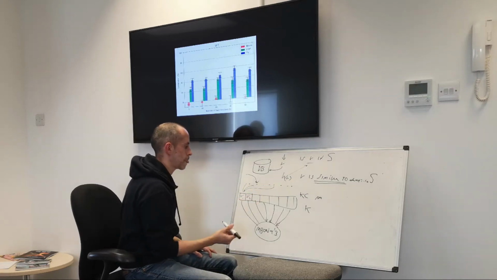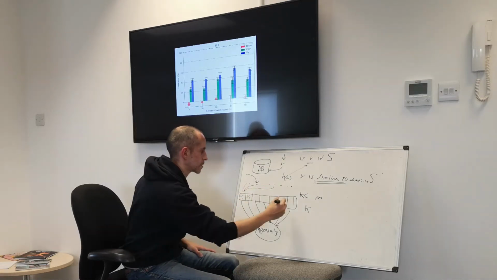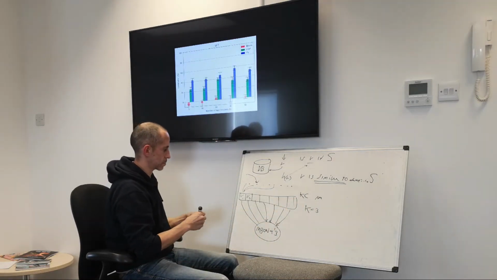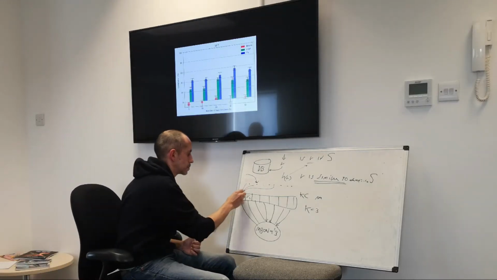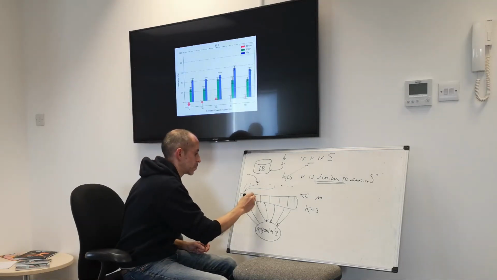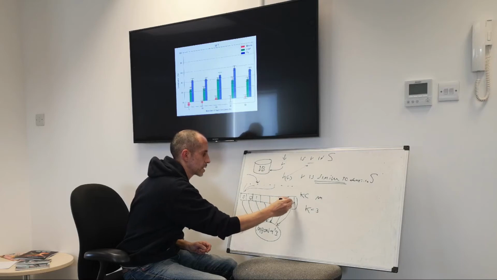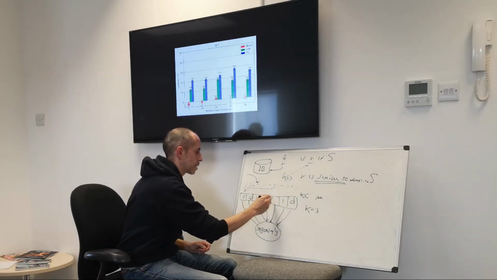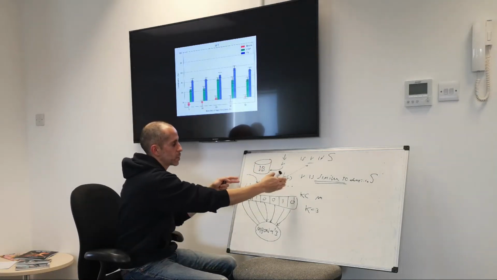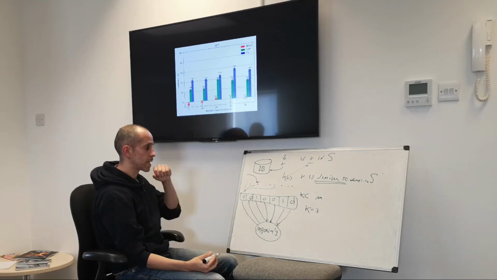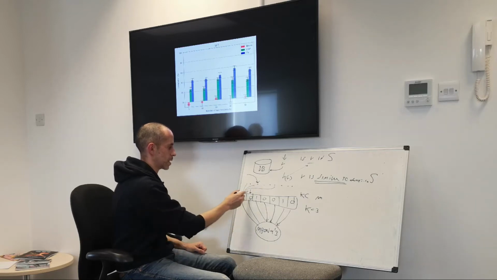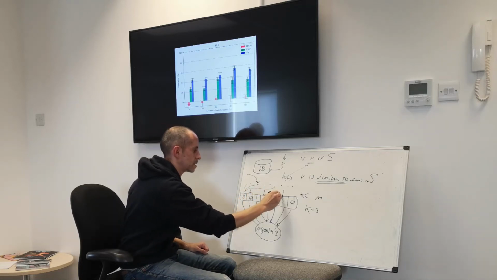Say K is equal to 3, and suppose previously we had seen something here and here. Suppose a new order comes in, and we do this hashing and projection. It turns out that this new order activates this cell here and this cell here.